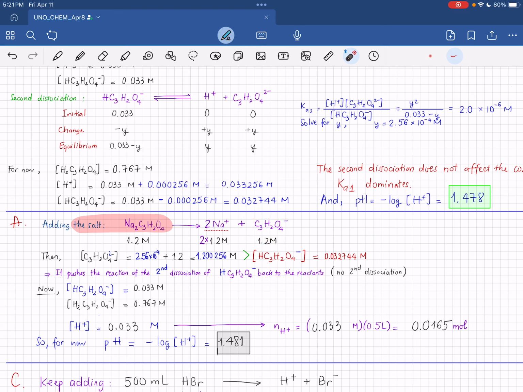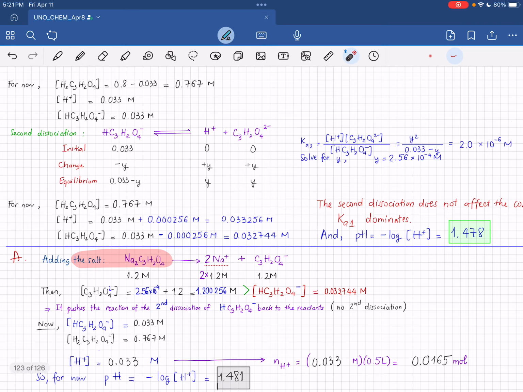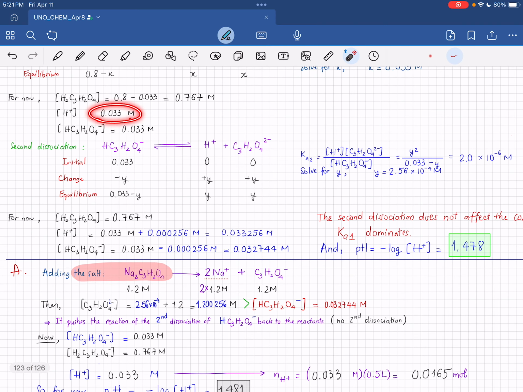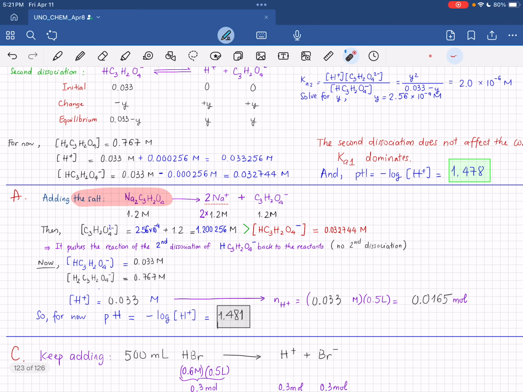So the hydrogen ion here is the one that we got from the first dissociation, and that will be 0.033 molar. Then we can find the pH to be 1.481.